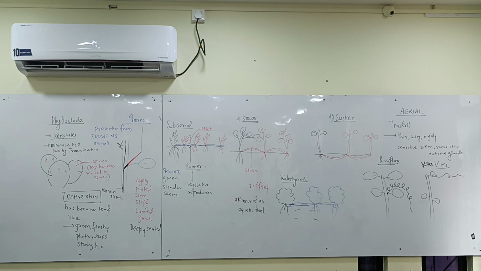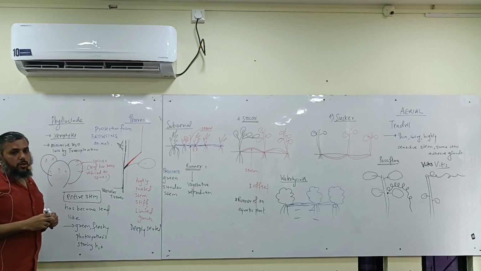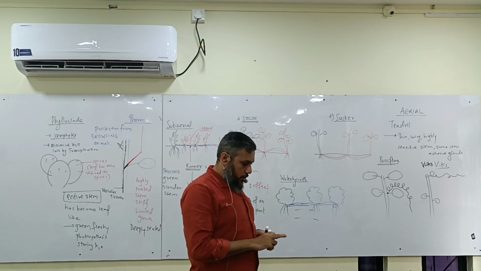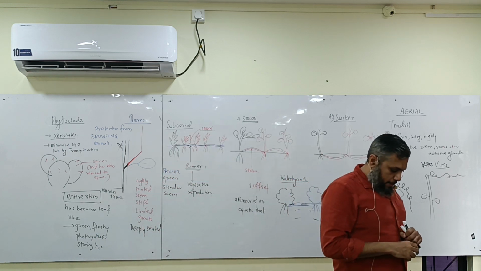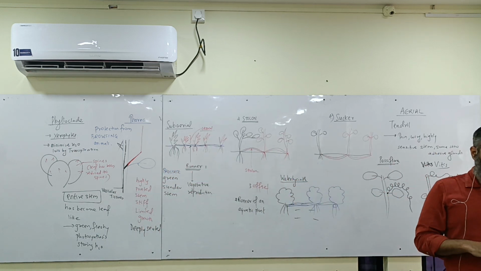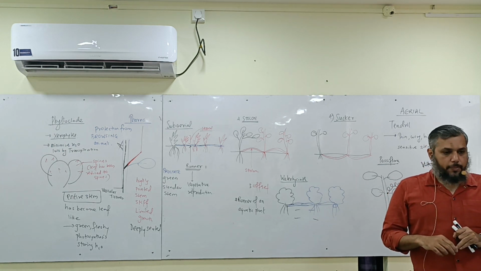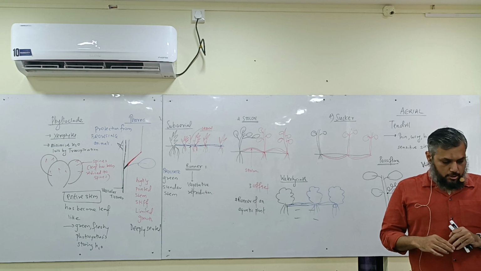Yes or no? Such a modification is called a phylloclade. What do you call it? Phylloclade. And what examples did we mention, guys? Three examples. One is Opuntia, the second is Casuarina, and the third is Moehlenbeckia.